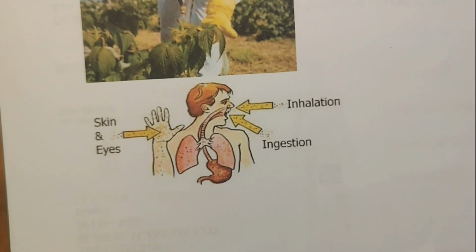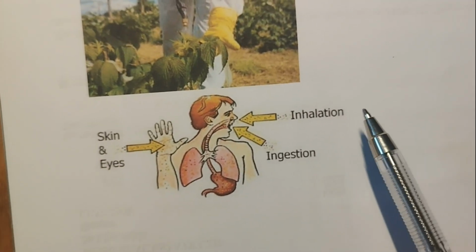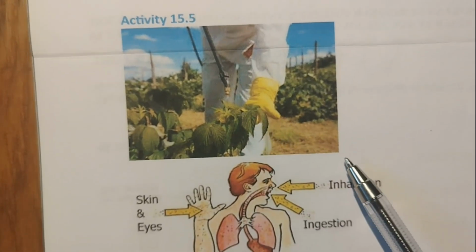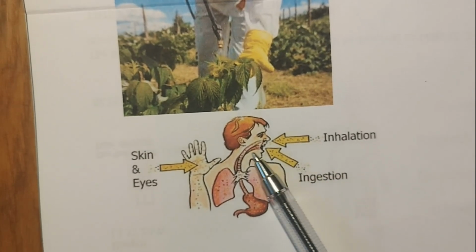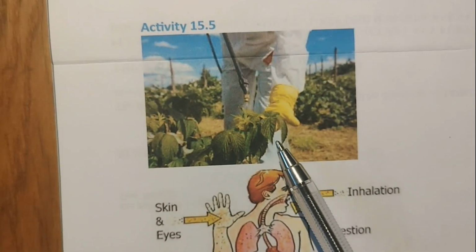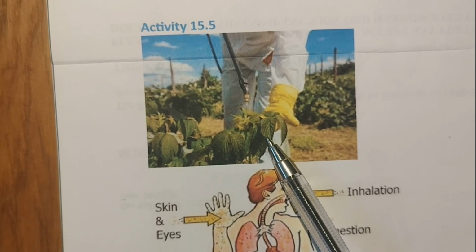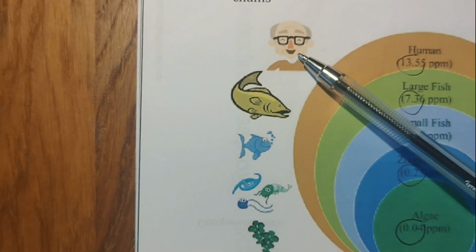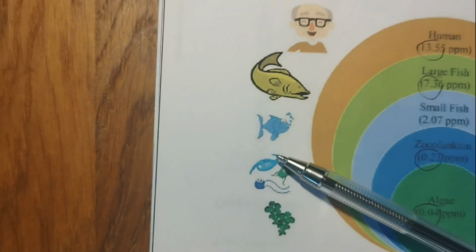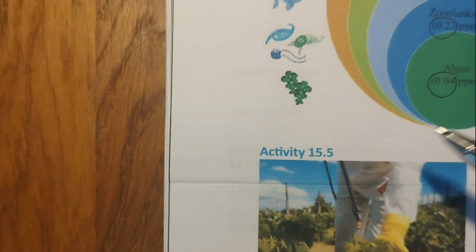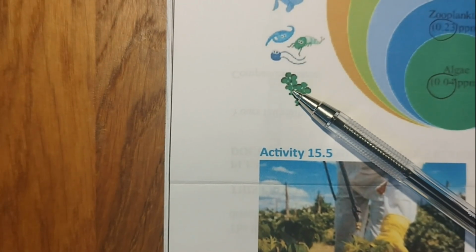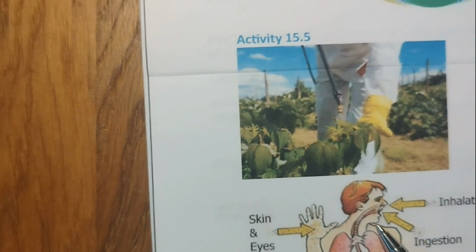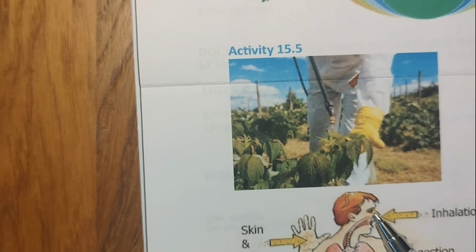The pesticides can enter into our body through inhalation when they are being sprayed, or ingestion when we eat the fruits and vegetables that are sprayed with pesticides, or when human beings eat fish or other animals that have been fed on stuff contaminated with pesticides or chemicals. They can also enter through skin contact or through the eyes or the nose.